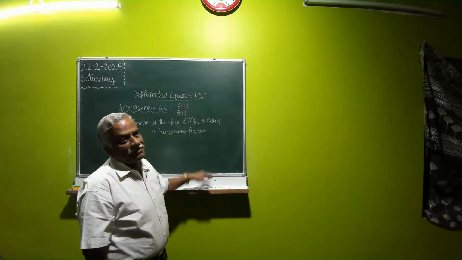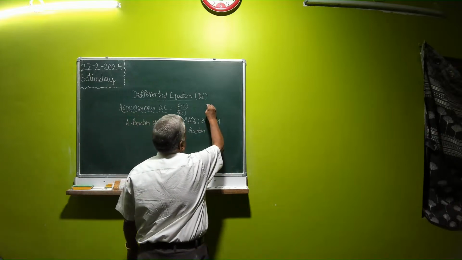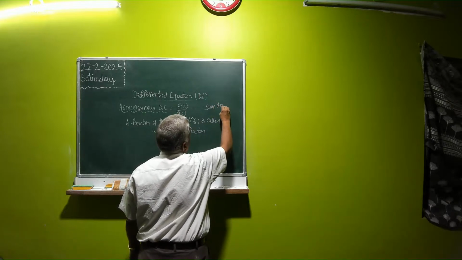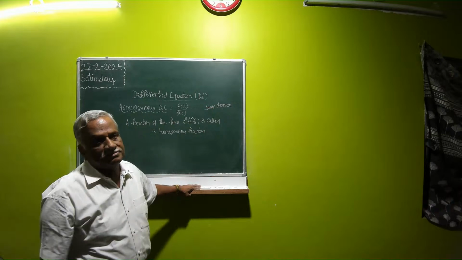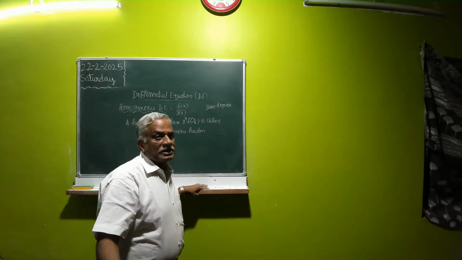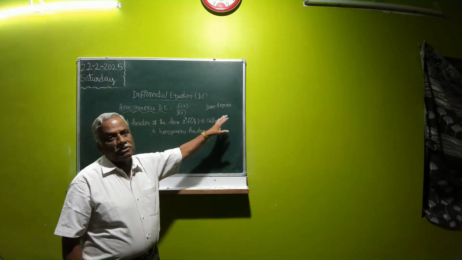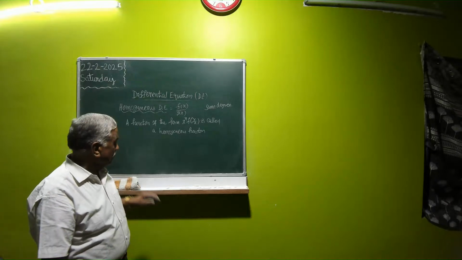The very important thing is they should be of the same degree. I'm not writing the definition, but I'm just reminding you: f of x is a polynomial homogeneous equation, g of x also, but they should be the same degree. Such an equation is called homogeneous differential equation.